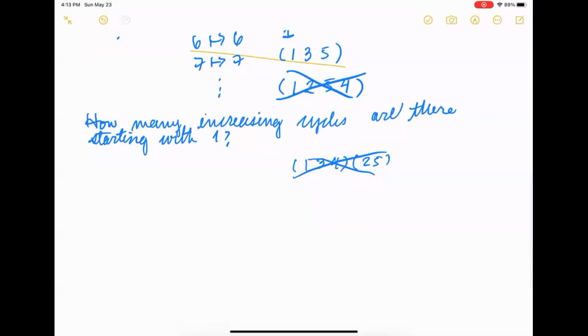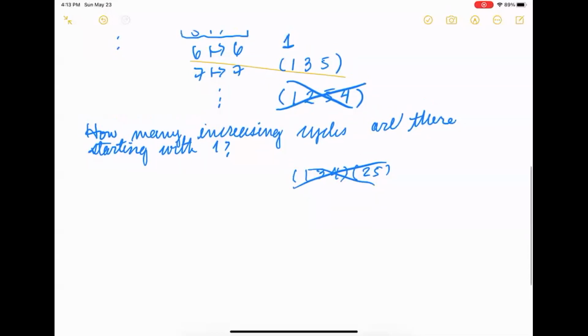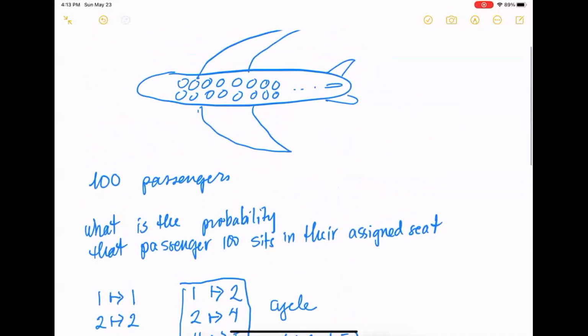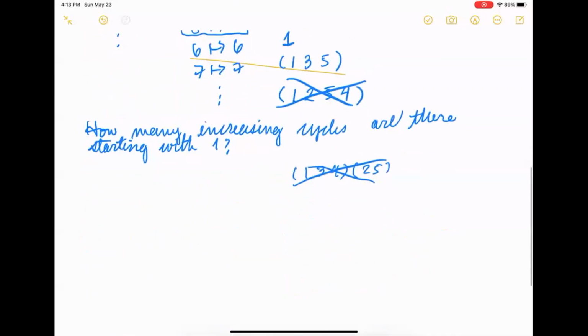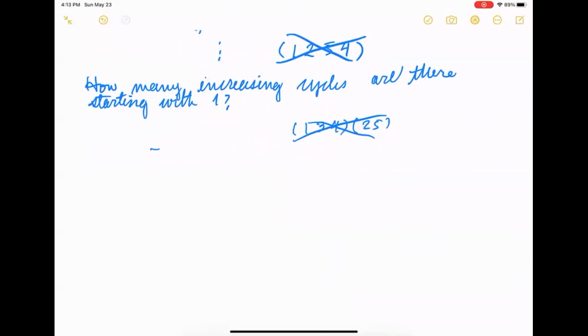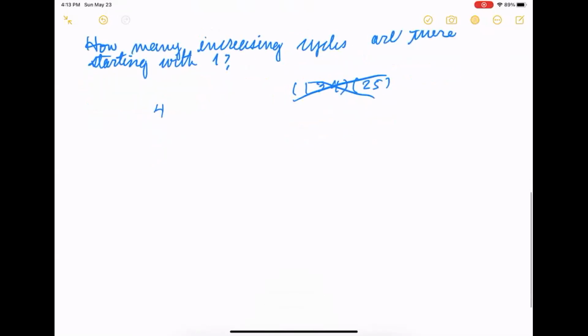Well, we can do this by imagining smaller airplanes. What if the airplane only had 5 seats? Or actually, let's make it better. Let's do 4 seats. What are all the possible seating arrangements? There's 1, and this is just the identity.